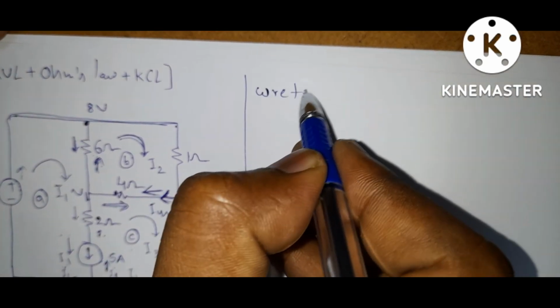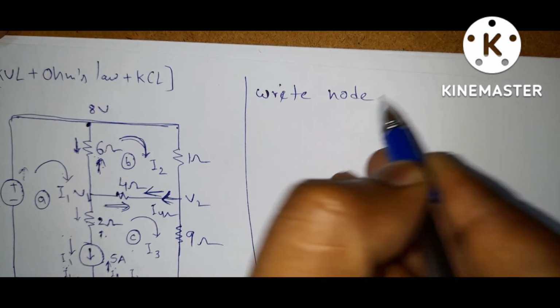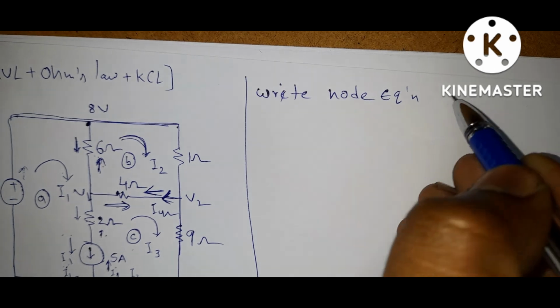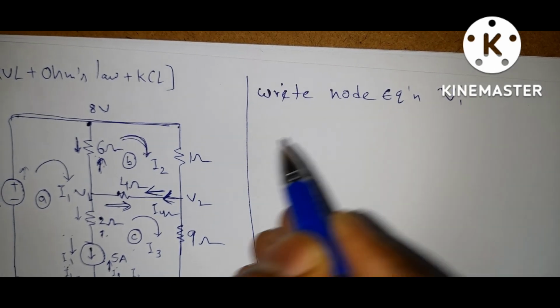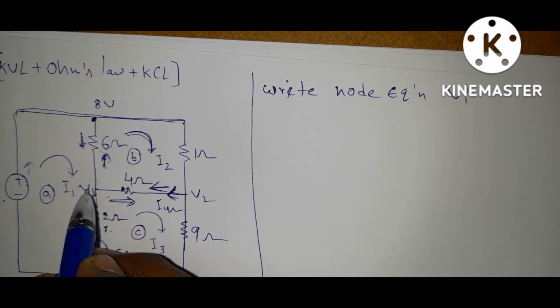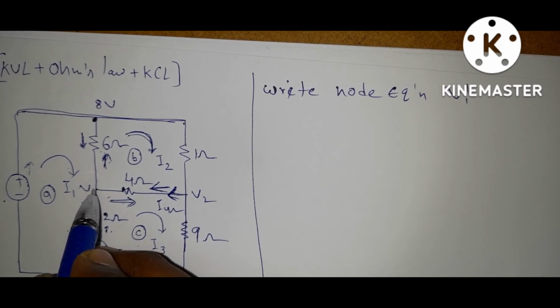Write the node equation for V1. If you observe here at V1, we have 3 branches. Whenever you want to write the node equation at any node, we assume that node has the highest potential.